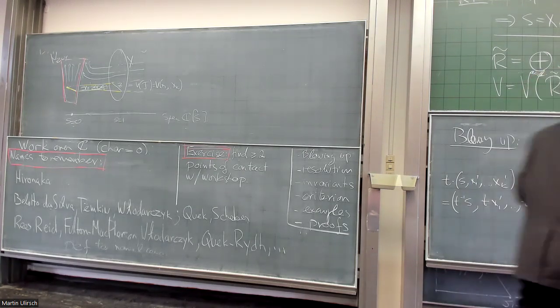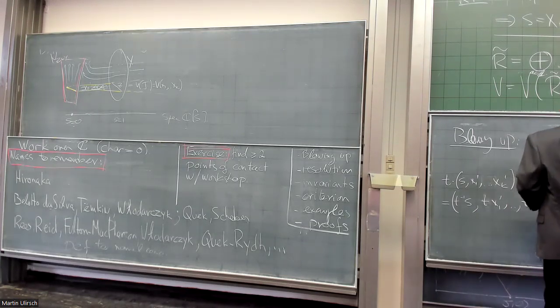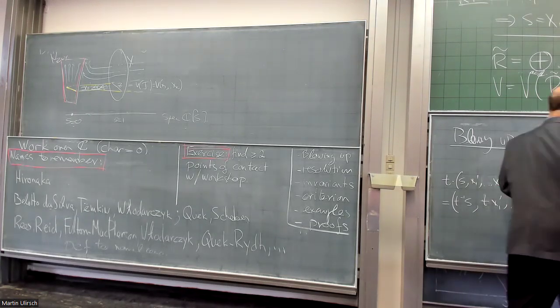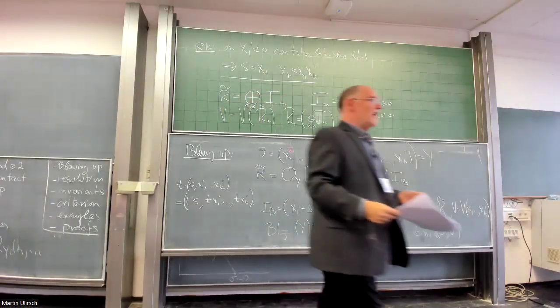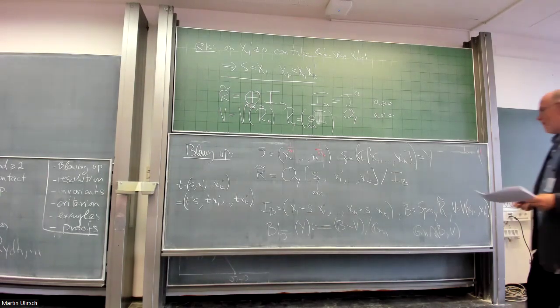The first thing I need to do is generalize, because this is not going to be enough for the way I do resolution of singularities. There's something idiosyncratic here. For the time being, I'll just write it this way: a formal object where I put xi to the power 1 over wi, still called J bar.